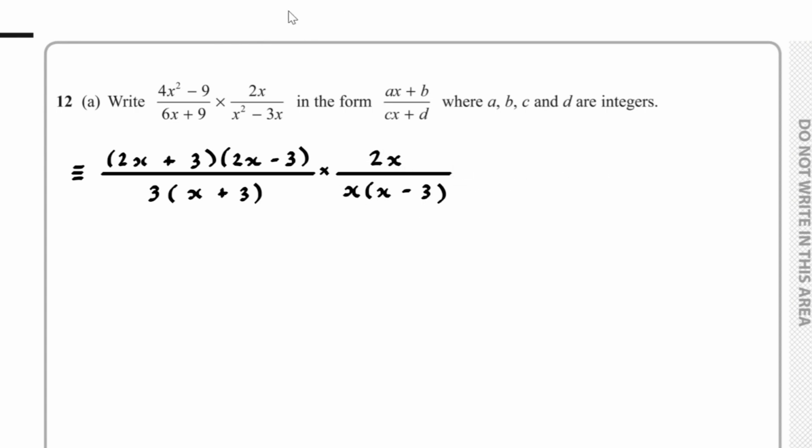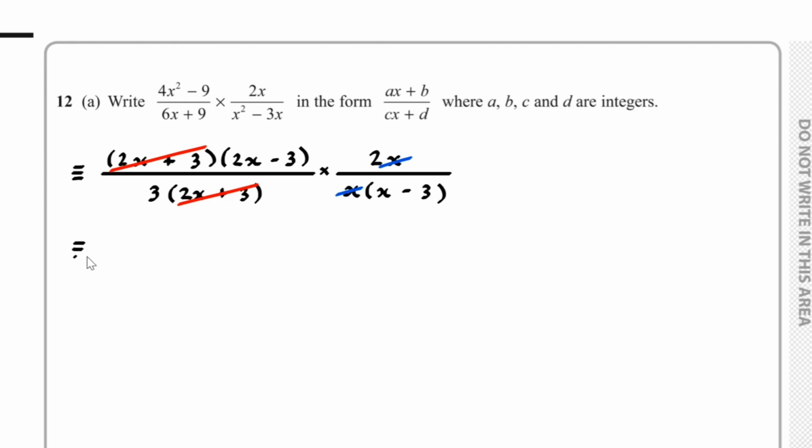So now let's see what cancels here. The 2x plus 3 would cancel with this 2x plus 3, and this x would cancel with this x.